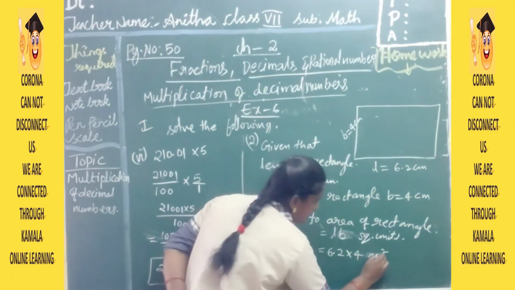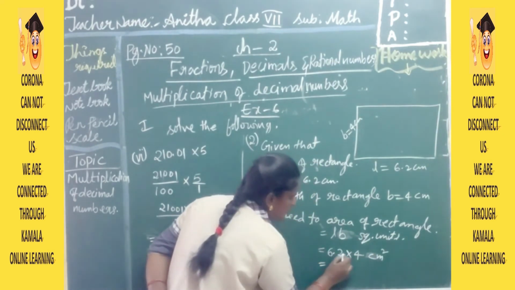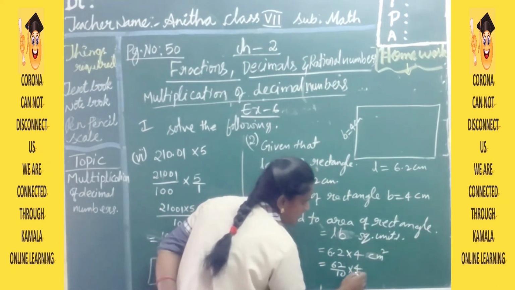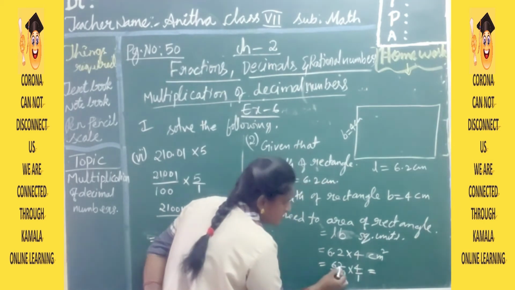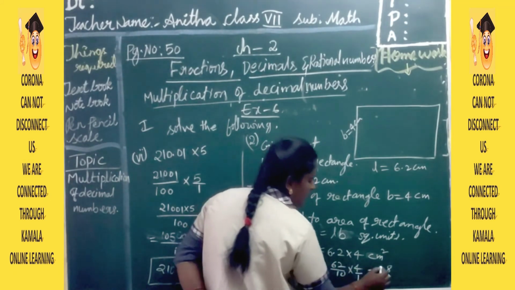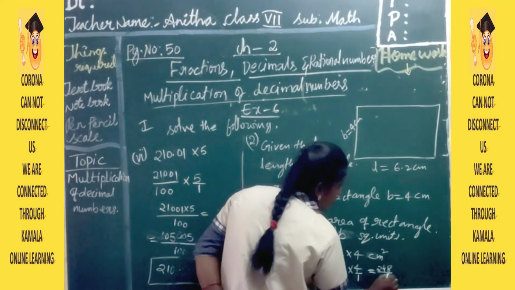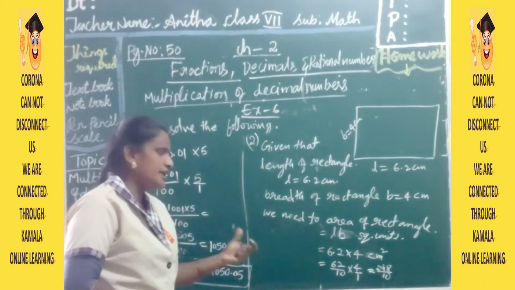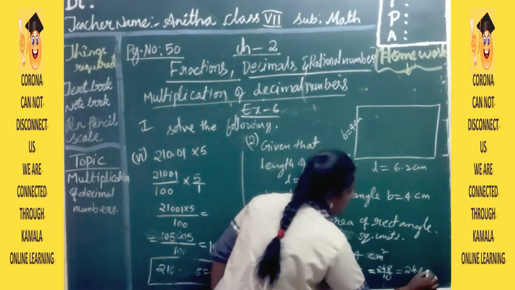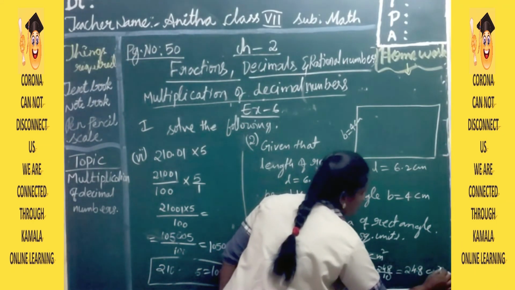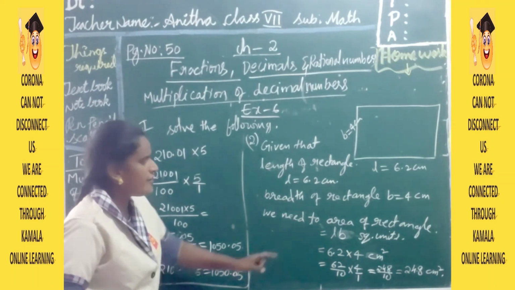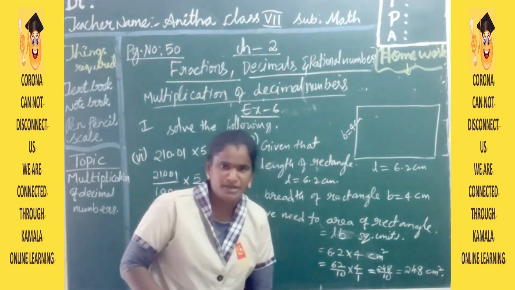So 6.2 can be written as 62 by 10 into 4, and 4 can be written as 4 by 1. 62 into 4: 4 twos are 8, 4 sixes are 24, so 248 by 10, which is 24.8 centimeters squared. So this is our answer. Area of the rectangle is 24.8 centimeters squared.